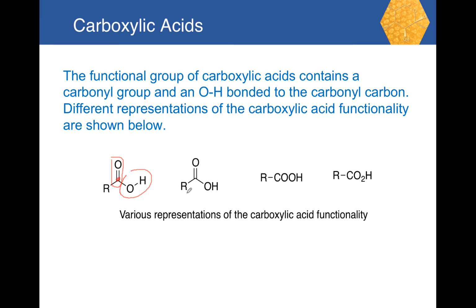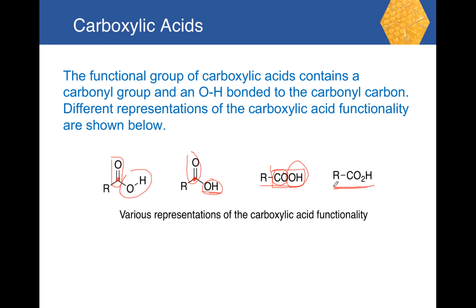Another way of writing it is like this: OH group bonded to this carbon. Another way of writing it that you'll often see is COOH in a straight line. The assumption here is, as chemists, we know that this CO is the carbon-oxygen double bond, and this OH here is bonded to that carbon.